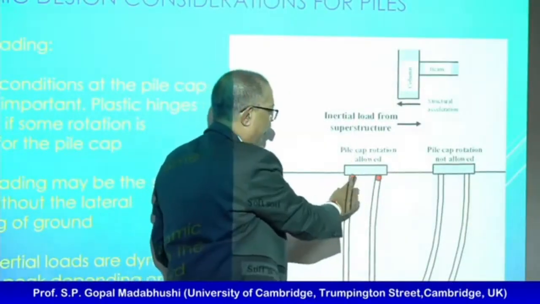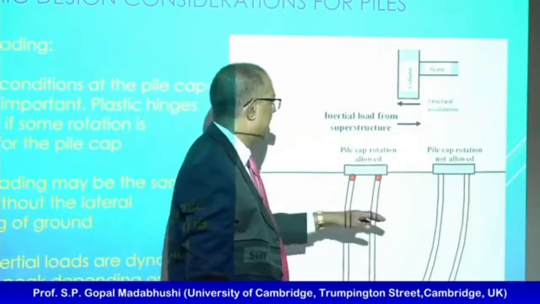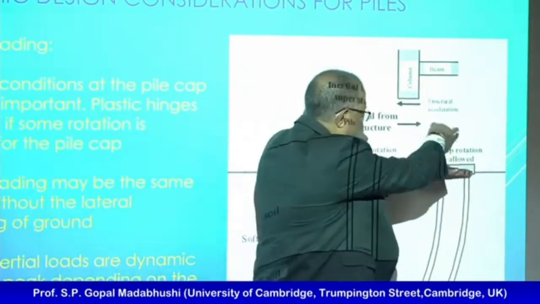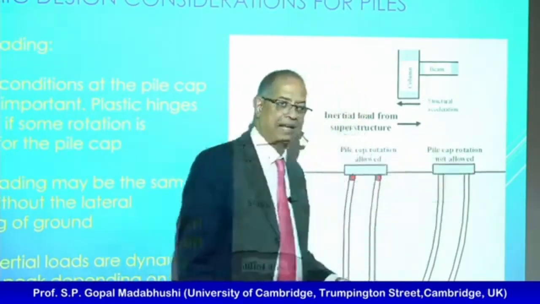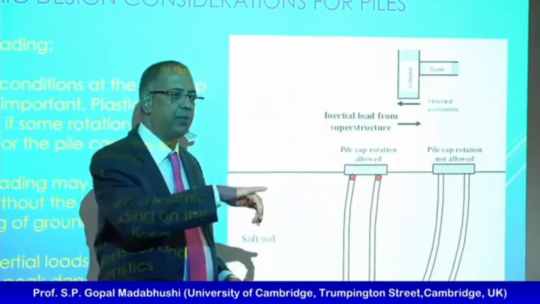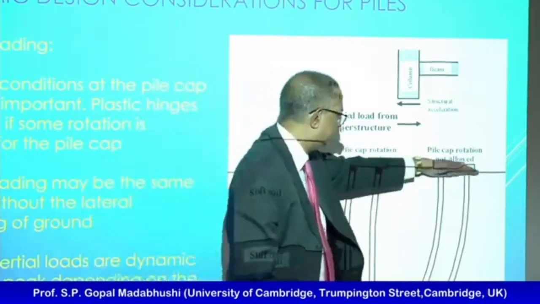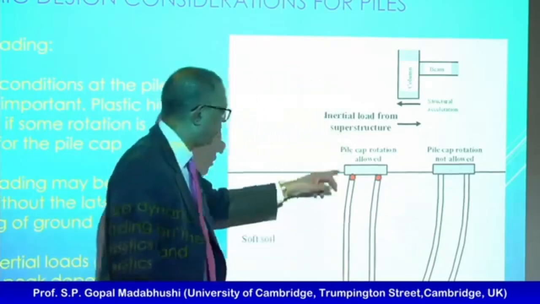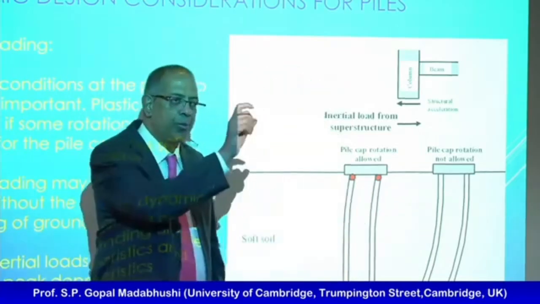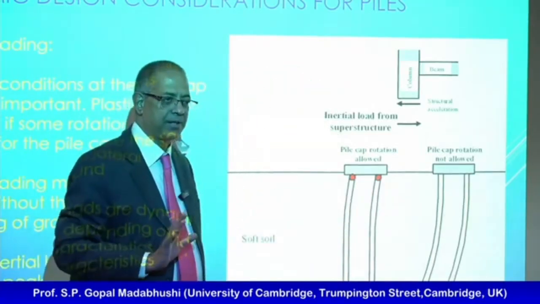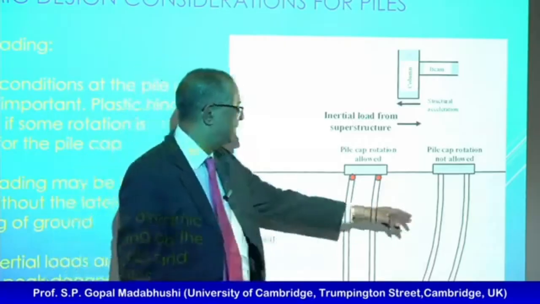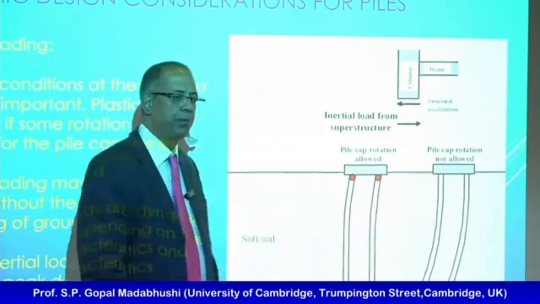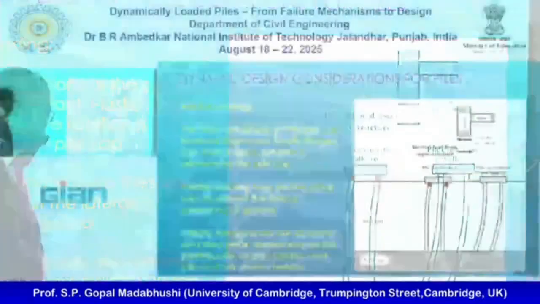If the pile cap rotation is allowed, in other words, this can rotate like that, i.e. this connection is not rigid, so the column is there, but my pile cap can rotate, that means I'll form two hinges here. If my pile cap is not allowed to rotate because that is connected solidly to my pile cap, then it can't obviously rotate. So it will go translating and therefore it will bend like that. If I got a lot of depth here, I can accommodate that much movement without forming plastic hinges. But if these are shorter or smaller layers, then I will form plastic hinges. Okay?